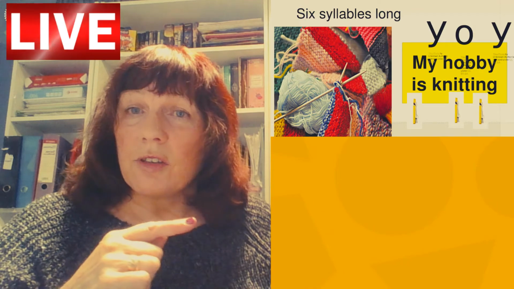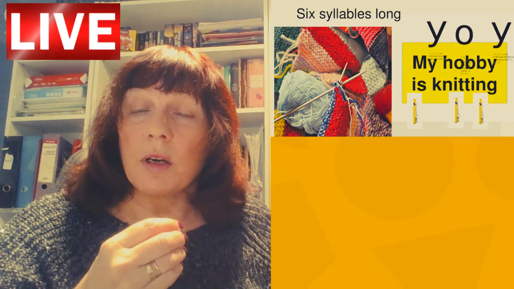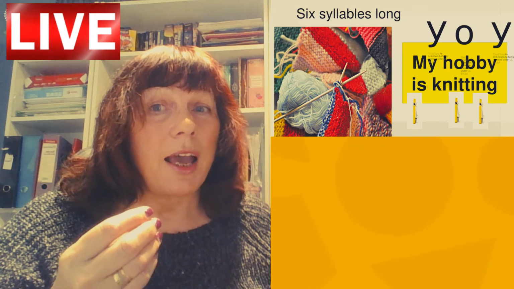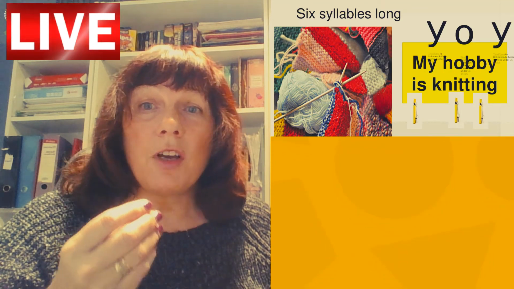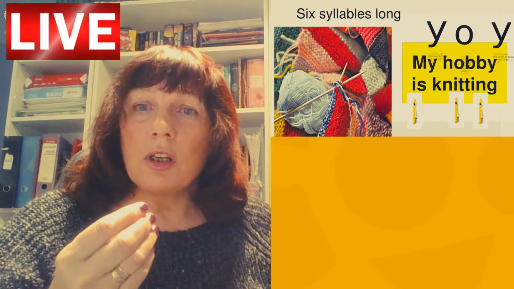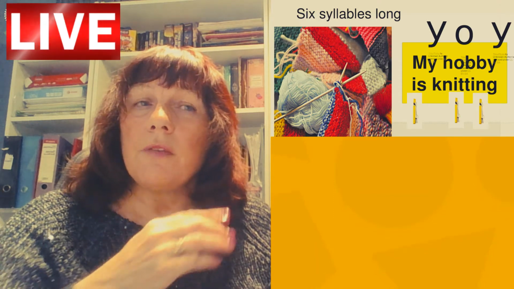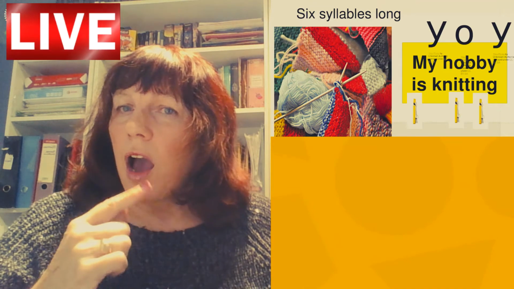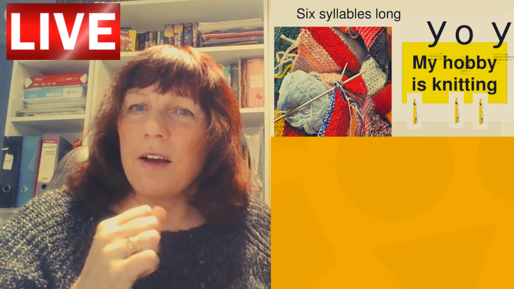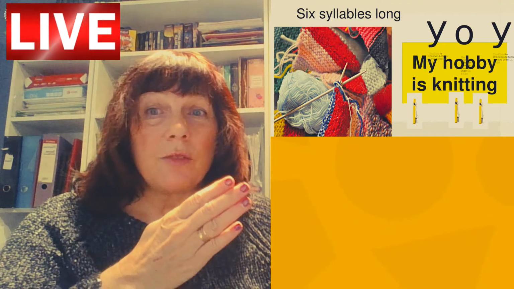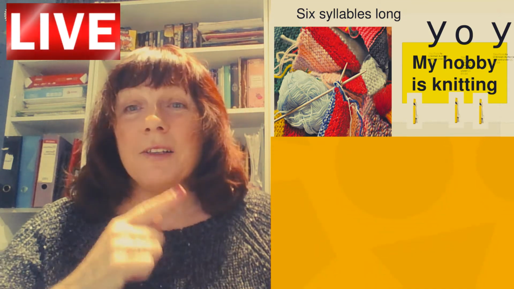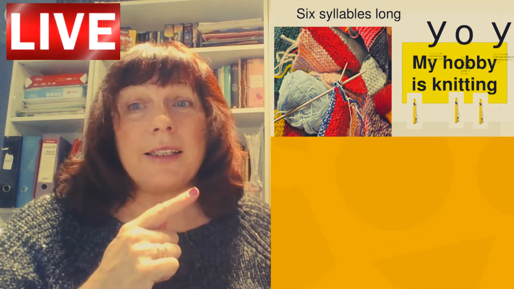And it's very interesting when you look at English words, if you look at Y at the beginning of the word, like yellow, you have a y consonant sound. And if you look at Y at the end of the word, you might have an I or an E vowel sound. And that's why the letter Y does a lot of work in our alphabet. So let's have a look at 6 syllables.